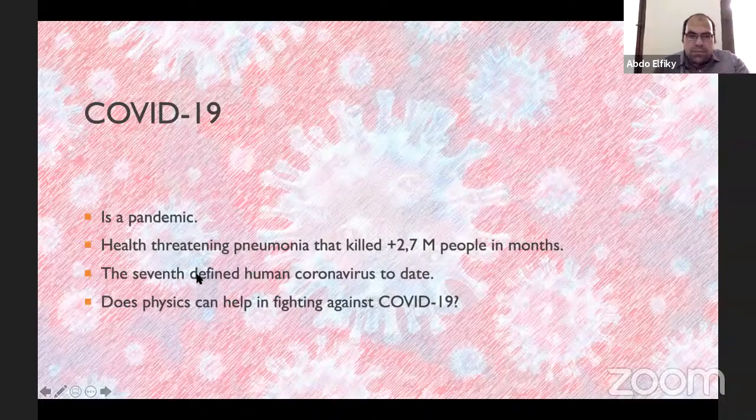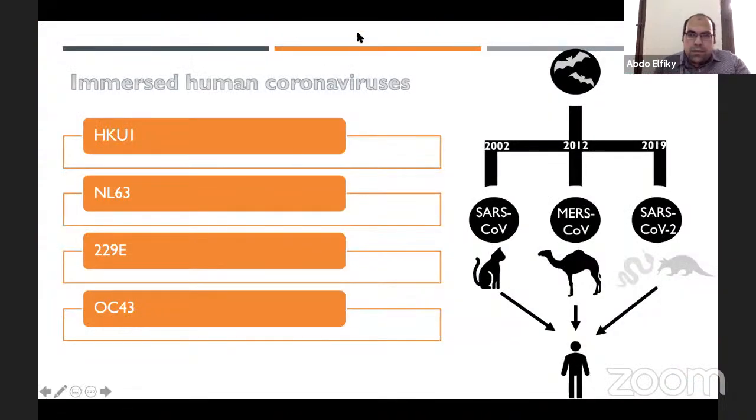COVID-19 was the seventh defined human coronavirus to date. We have six human coronaviruses that we can see here. There are four endemic human coronaviruses, HKU1, NL63, 229E, and OC43, that spread during the last 20 years, but the infection was not as strong as SARS or MERS-CoV and SARS-CoV-2.